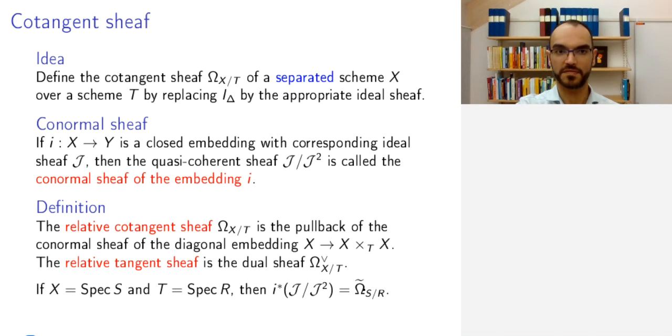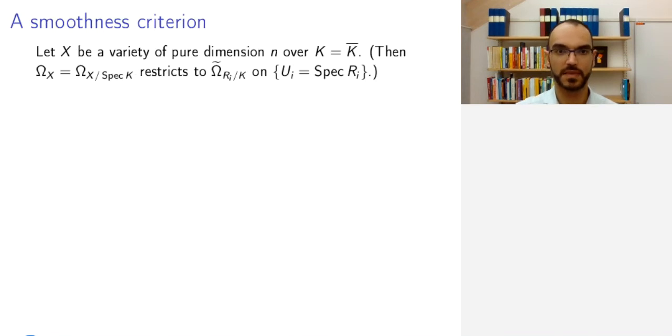One use of this cotangent sheaf is as a smoothness criterion. So let us now restrict ourselves to the case where X is a variety of pure dimension n over an algebraically closed field k. Then we denote simply by omega X the Kähler module omega X over Spec k. So this restricts to the sheaf corresponding to the modules omega R over k on affine opens.